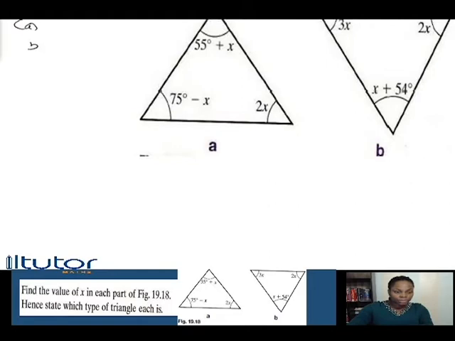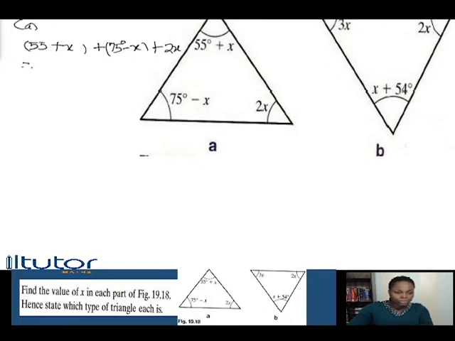So the angles are 55 plus x degrees, plus 75 minus x degrees, and 75 plus 2x.